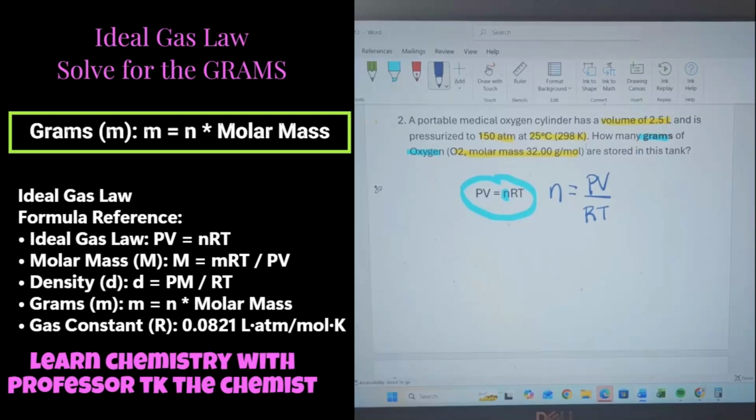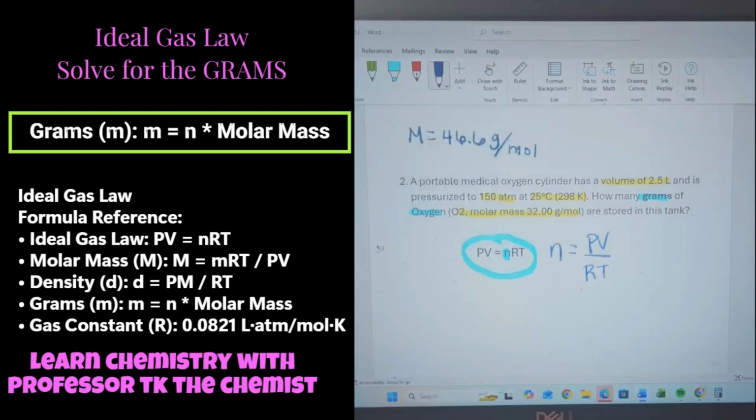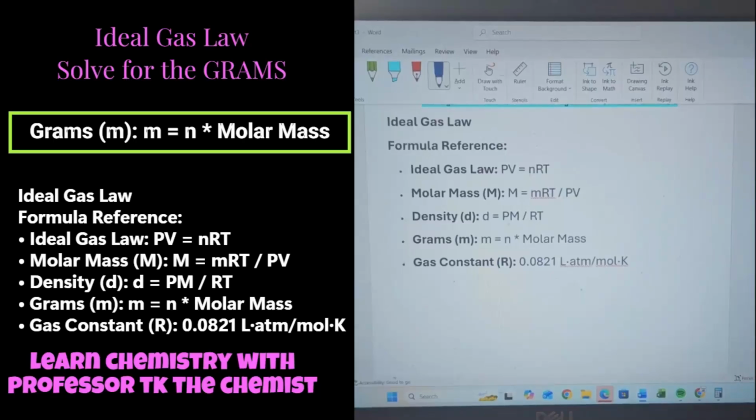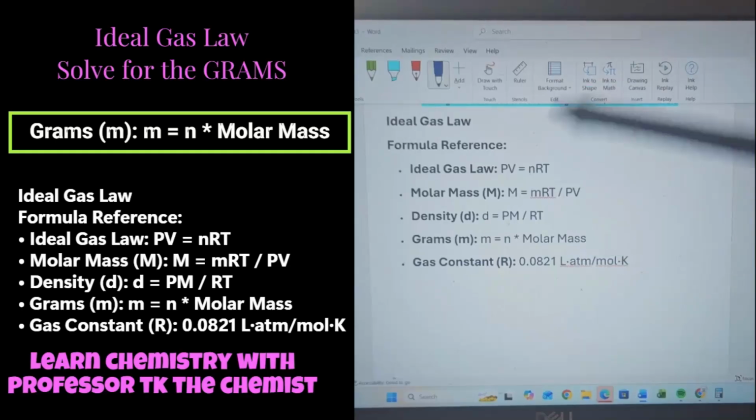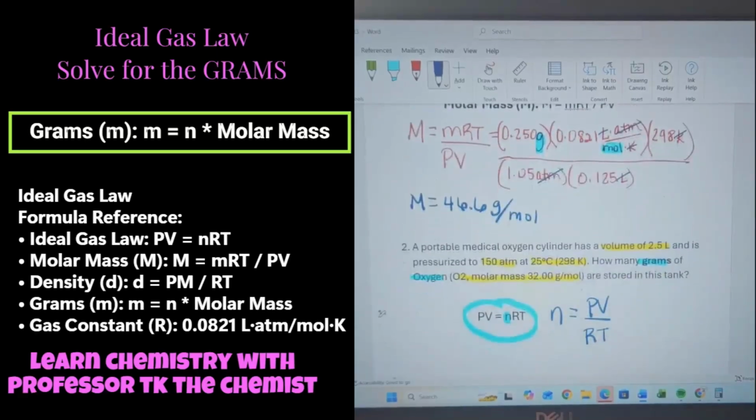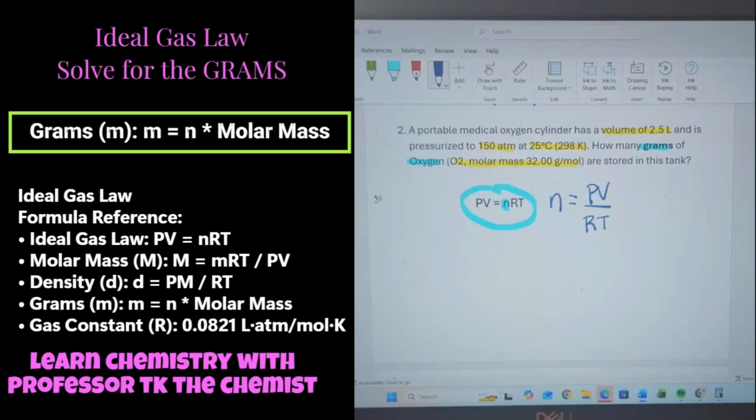Now, what you're going to see is that when you go back up here for your N, for your moles, you'll see that there is some connotation here with the moles right there. But I want you all to know that the main formula you will use for your moles will be this one right here, okay?